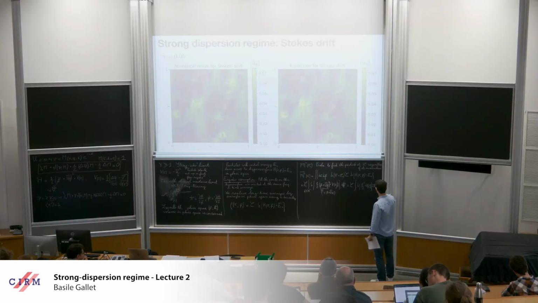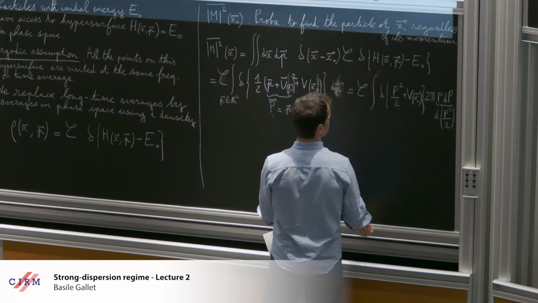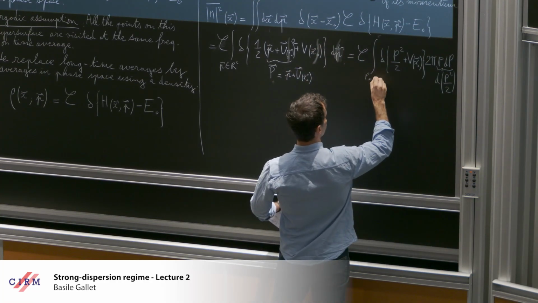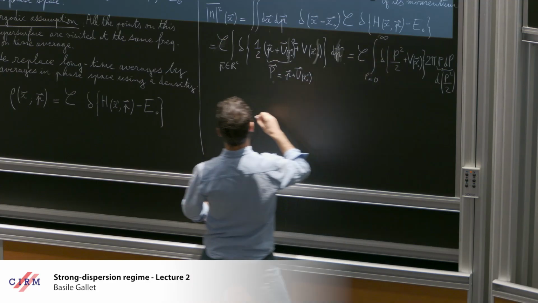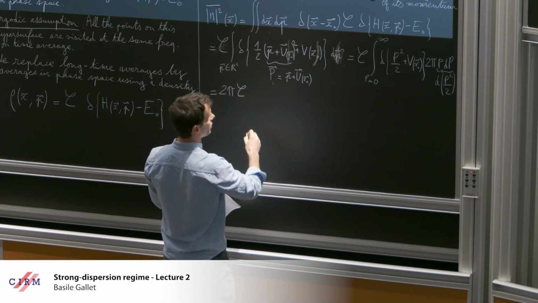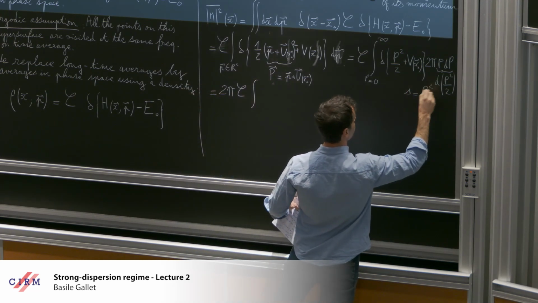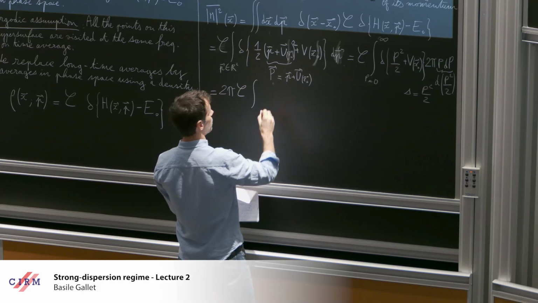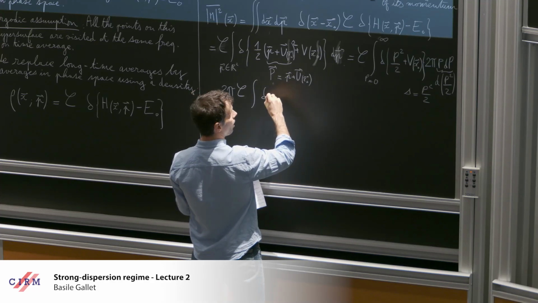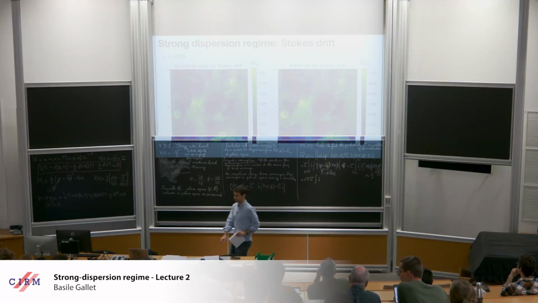Okay, and P dP is d of P squared over 2. So here P goes from 0 to infinity. So this is 2 pi c times the integral, I'm going to call S equals P squared over 2. That's the integral of delta. Sorry, I'm missing the minus E0 here.